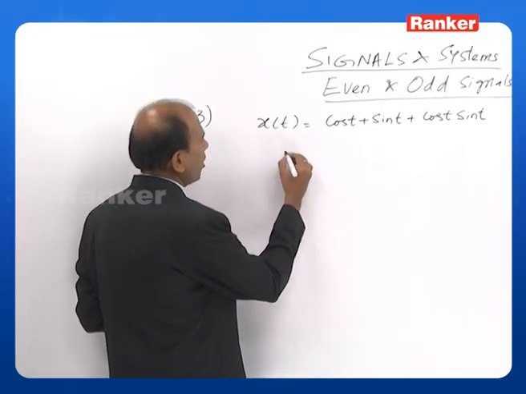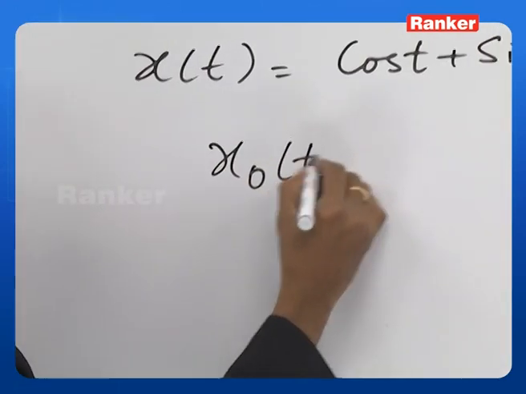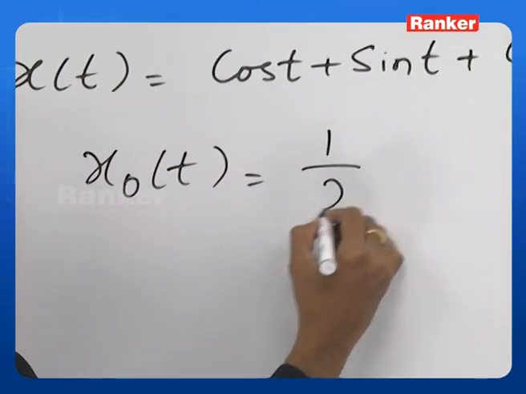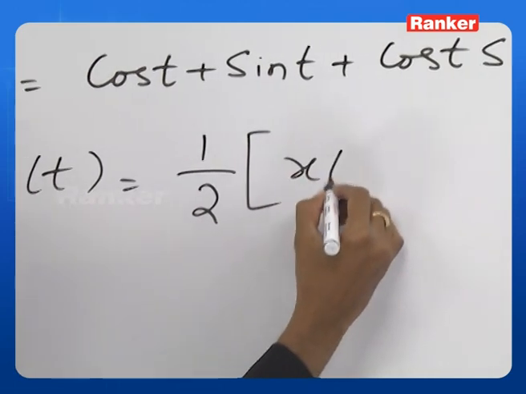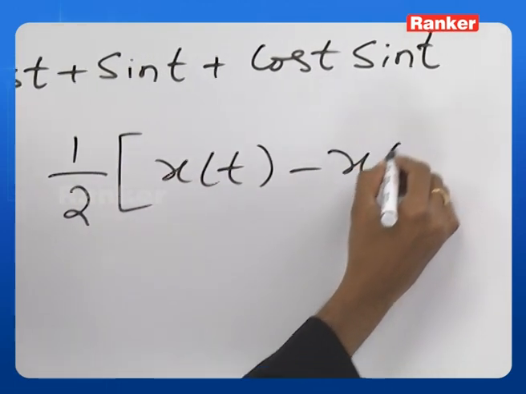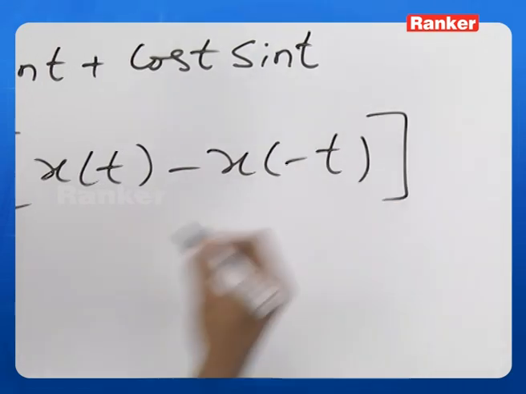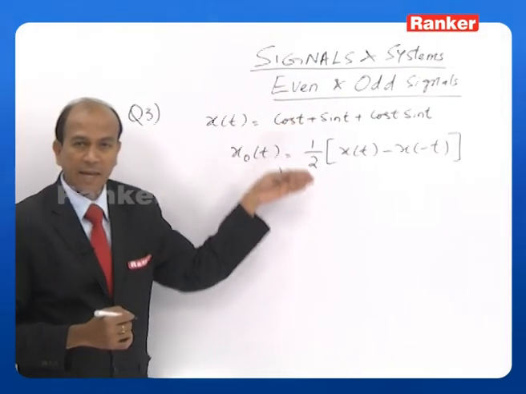Now, let us calculate the odd component. We know x_o of t is equal to half of x of t minus x of minus t. Let us put this here.